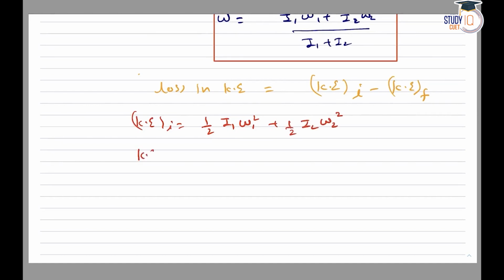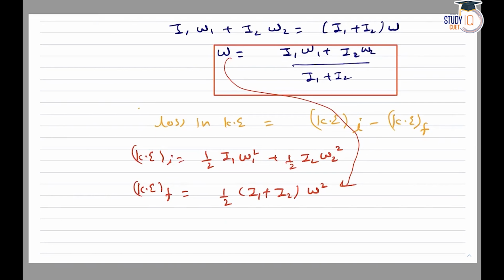And similarly, we can say that final kinetic energy of the system can be written as half I1 plus I2 into omega square. So we can substitute the value of omega in this expression to find out the value of final kinetic energy. And by taking the difference of these two, we can find the loss.